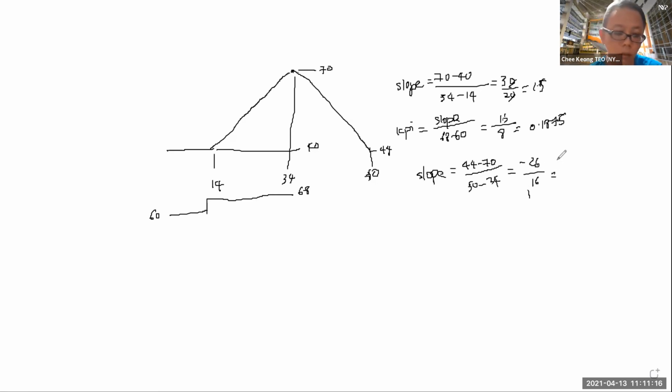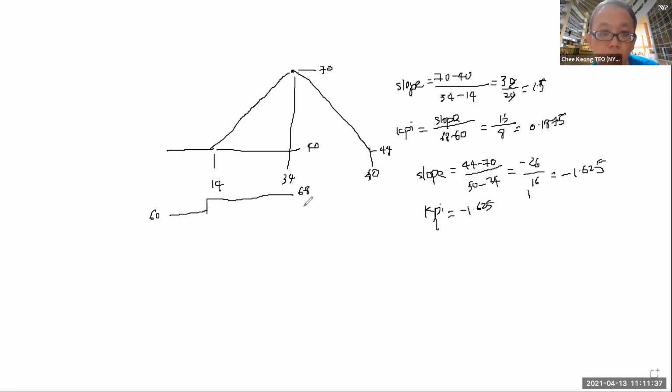So the second slope is minus 26 divided by 16, which gives you minus 1.625. So the second KPI will be your slope again, minus 1.625, divided by the input.